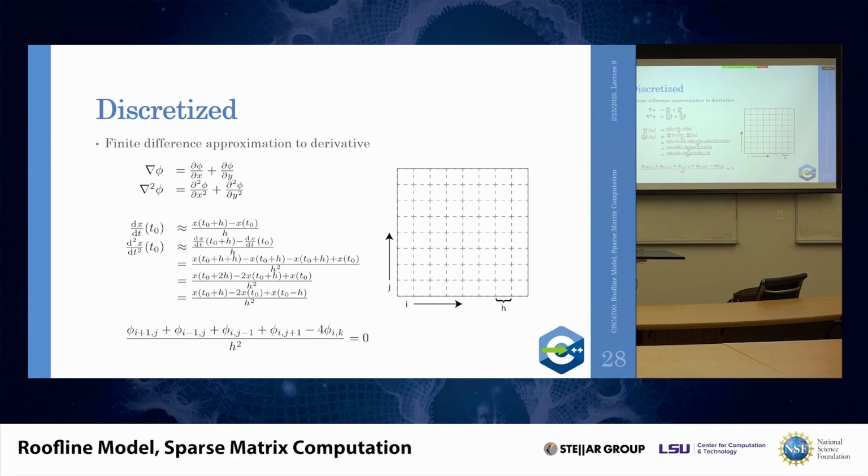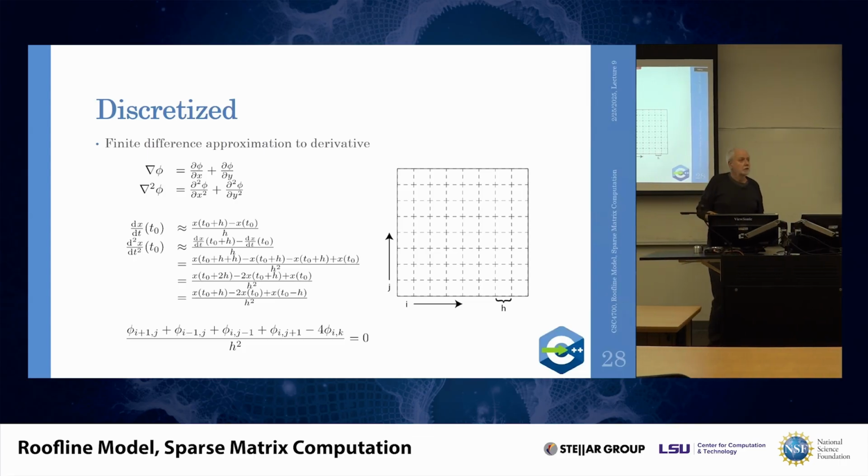It tells us that at the point when we reach a stable solution of our dynamic system, the value of each element, phi i j, is defined by the average of the four surrounding phi's: phi i plus 1, j; i minus 1, j; i, j minus 1; and i, j plus 1.